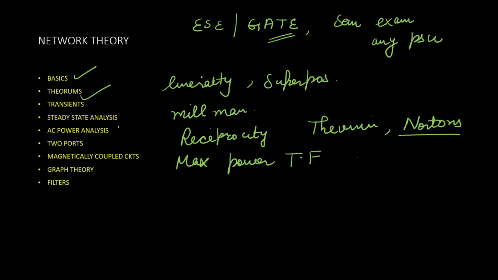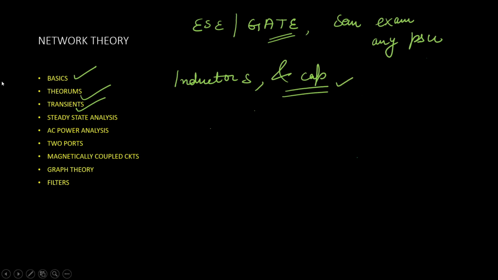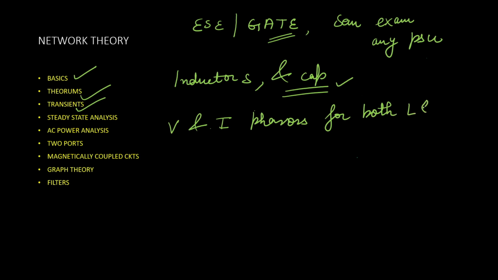After that, the transients. For the transient part we will first learn about inductors and capacitors, and how they work. We will learn the behavior of voltage and current phasors for both the inductor and the capacitor, in detail.